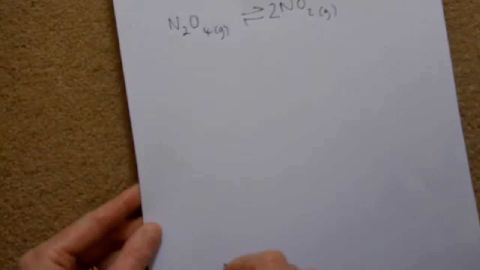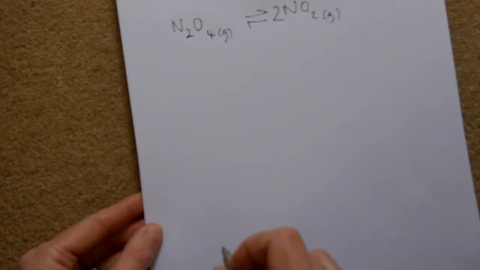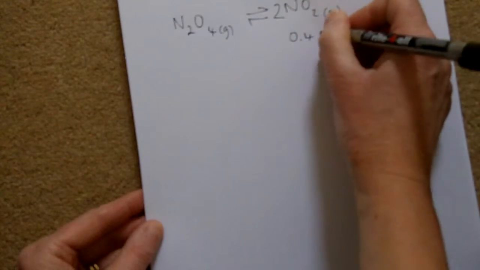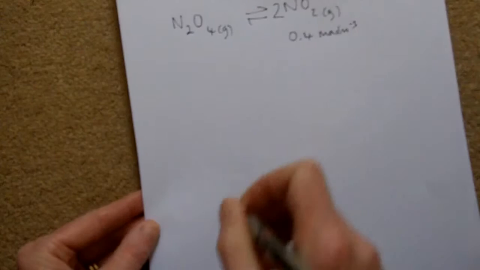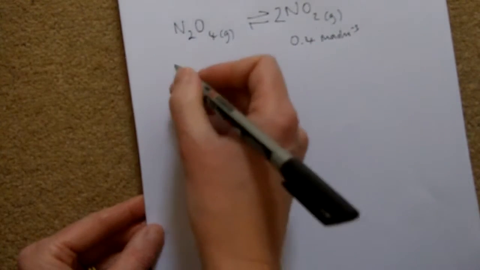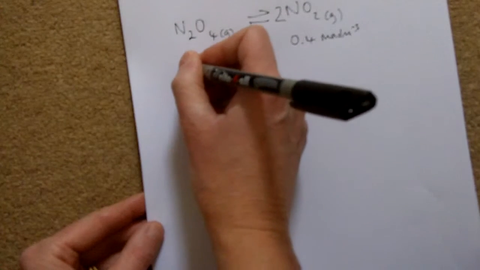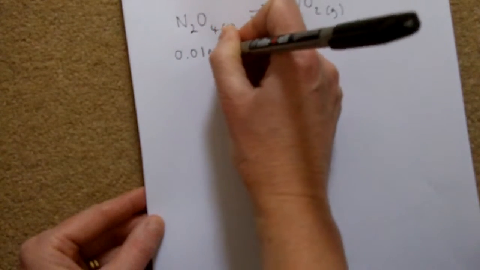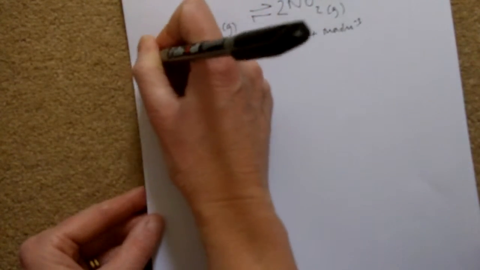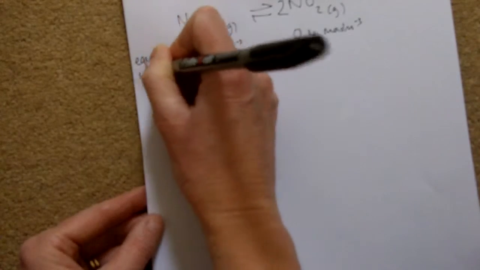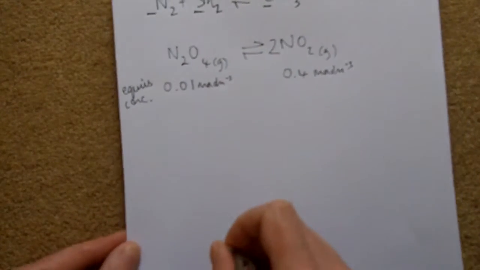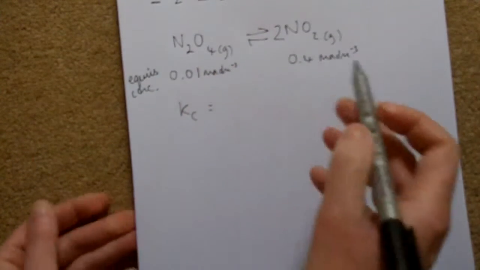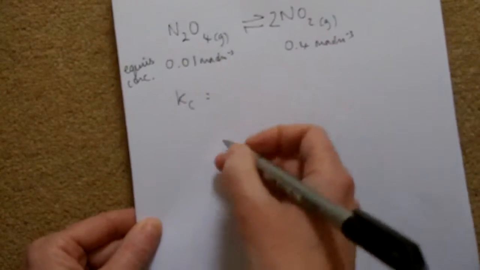let's say the equilibrium concentration of NO2 is 0.4 moles per decimeter cubed. This is the equilibrium concentration. And then the equilibrium concentration of N2O4 is 0.01 moles per decimeter cubed. So when you work out Kc, I know it's gases, but we can still work out Kc because we've got the concentrations.